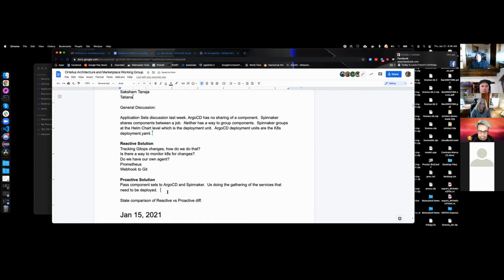So at the end of the day, when we do the gathering of everything that needs to be deployed, we produce a Helm chart or deployment manifest, and pass it along to the CI to the CD tools.